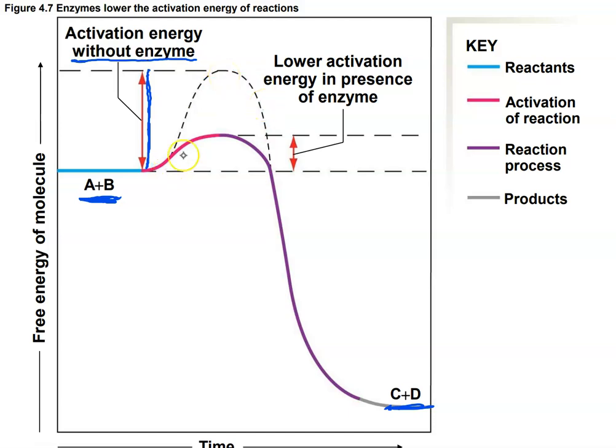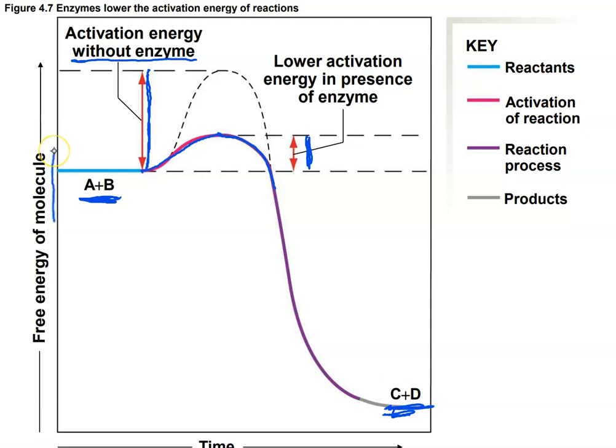Now, let me take this off here again. With the enzyme, we're going to follow this nice little hill right here, and it's so much easier. So the enzyme will temporarily lower the amount of activation energy that's necessary. So now we only need this much energy, and that's much easier to achieve. And so now the rate of the reaction is going to speed up because it's so much easier for these molecules to go up that little hill and then react, and we're going to have our product C and D. So this is a pretty important diagram here that you should definitely understand.